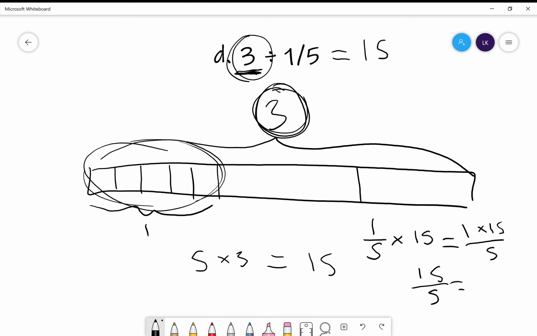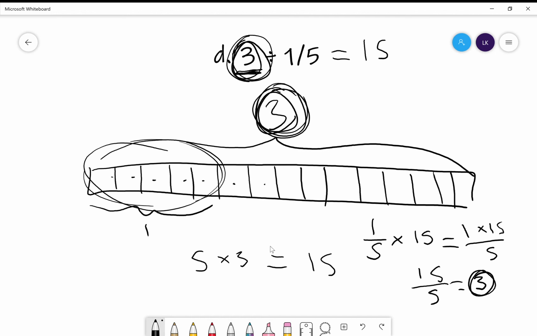We know that division and fraction is the same thing. 15 divided by 5 is 3. If you want, you could also just draw each individual part and get a total of 15 when you add them up.